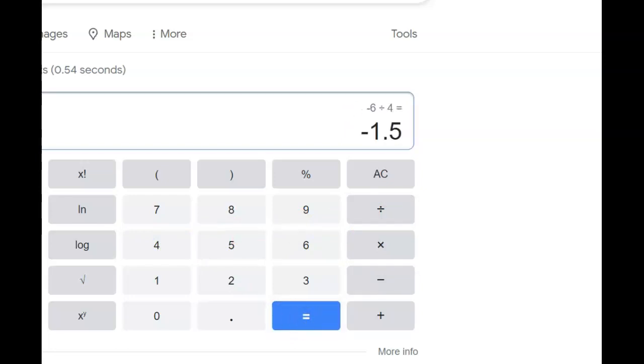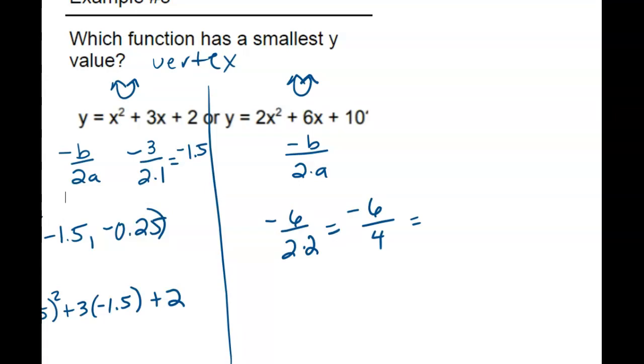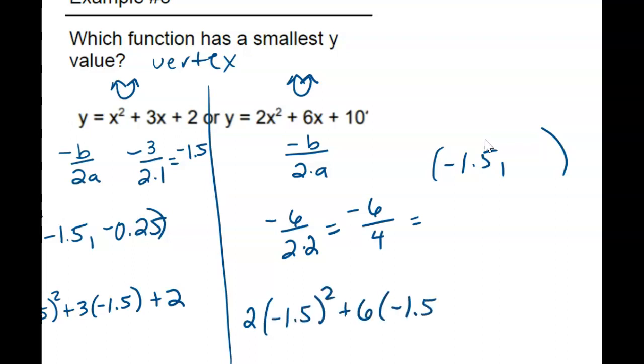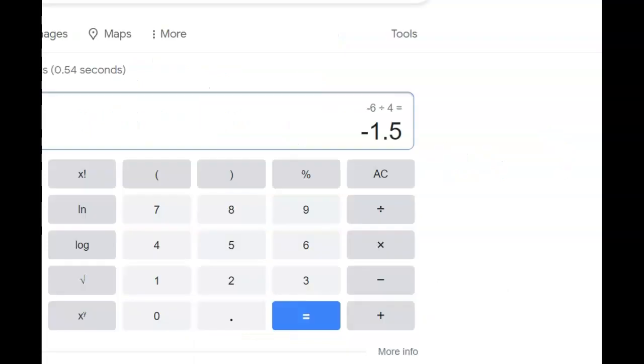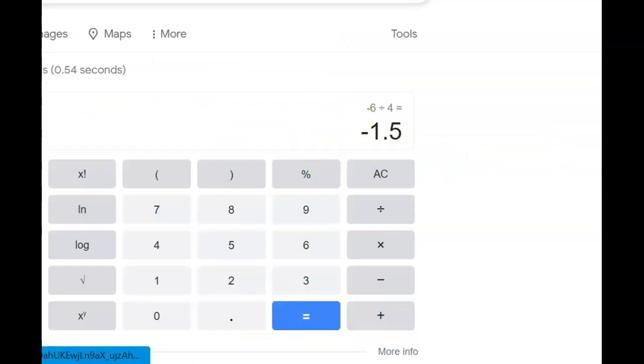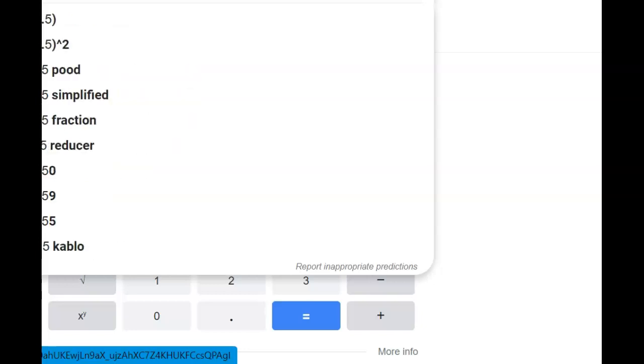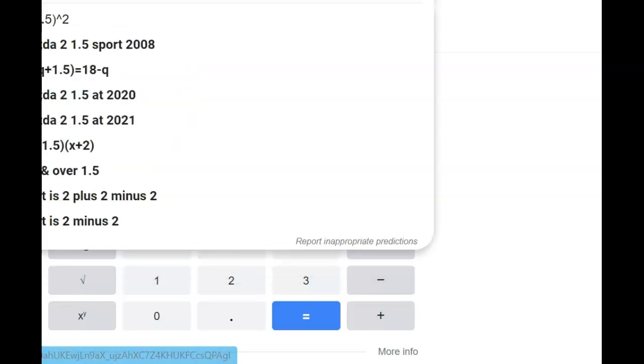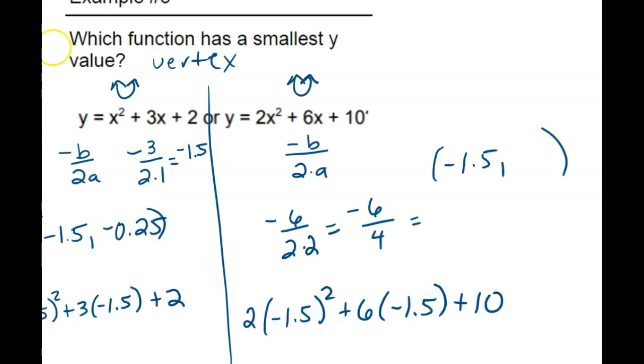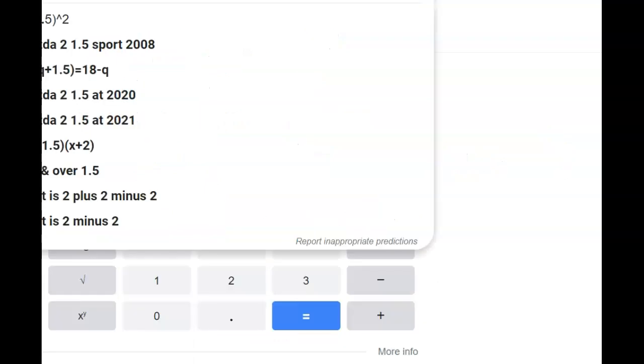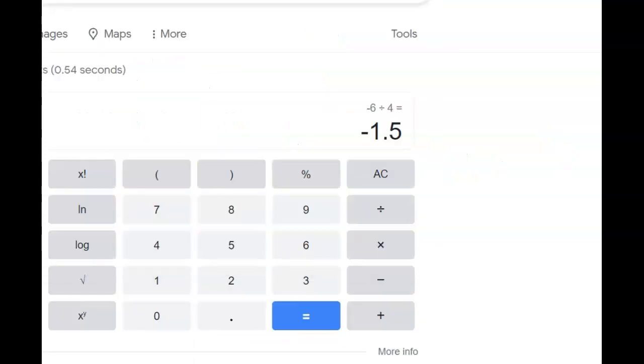Okay, so negative 1.5. So 2 times negative 1.5 squared plus 6 times negative 1.5 plus 10. That gives 5.5.